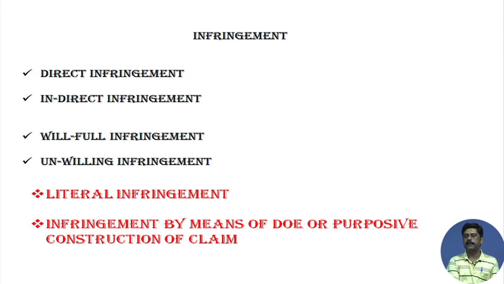So, even though he has created a different new soldering process, in that situation also he may be liable for infringement under the doctrine of equivalence. Equivalency is substantially the same function.